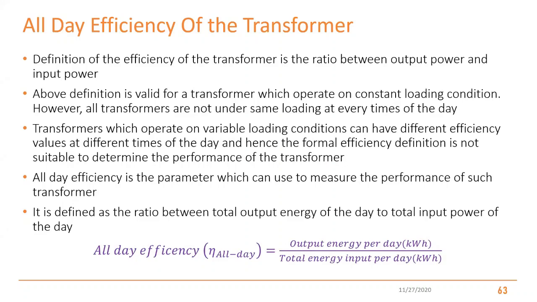The parameter for such transformers that we use is the all-day efficiency of the transformer. Okay, so it is again a very straightforward definition. It is also derived from our normal equation, that is efficiency is power output divided by power input.